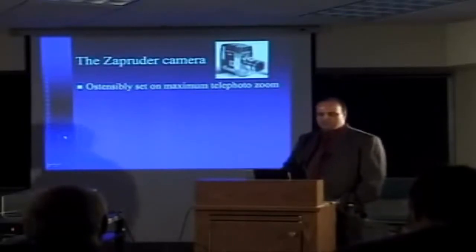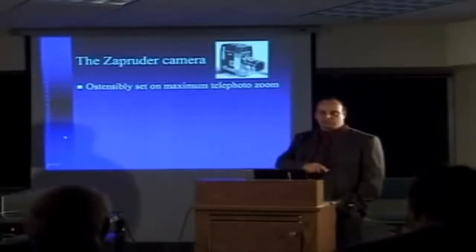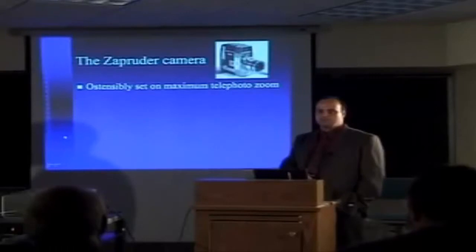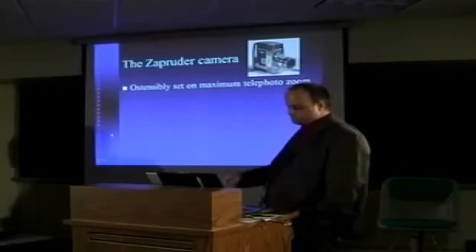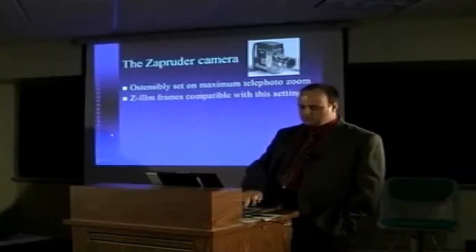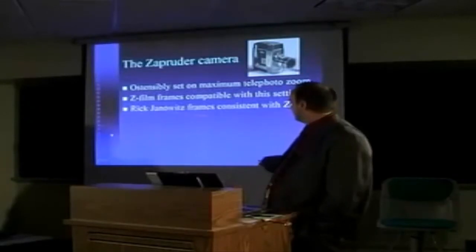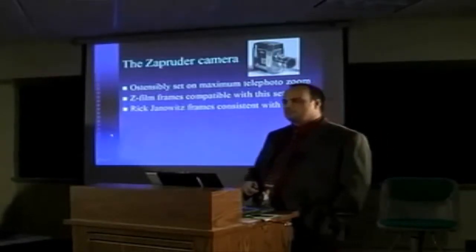arguably set on maximum telephoto zoom, and Rick took some frames with his particular camera, which is essentially the same model for the optical properties. The frames he found within a fraction of a percent.